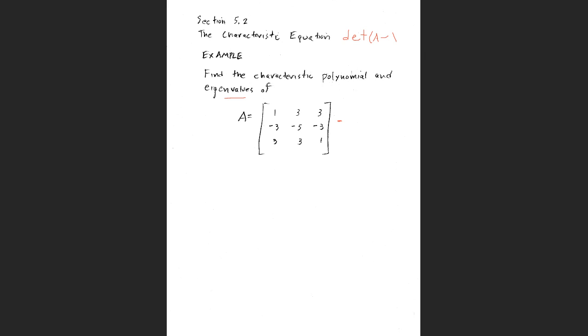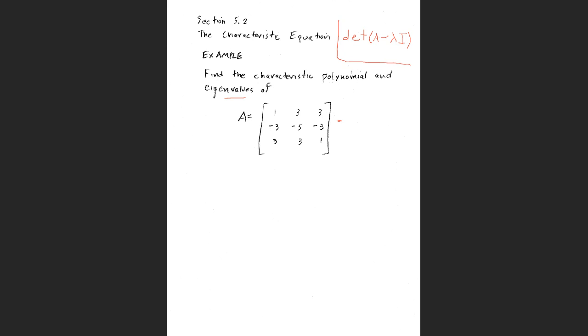So you're computing a determinant, and you have to use the rules you've learned for computing a determinant. Back in chapter 3, you learned how to compute a determinant using cofactor expansion, and also using properties of determinants.